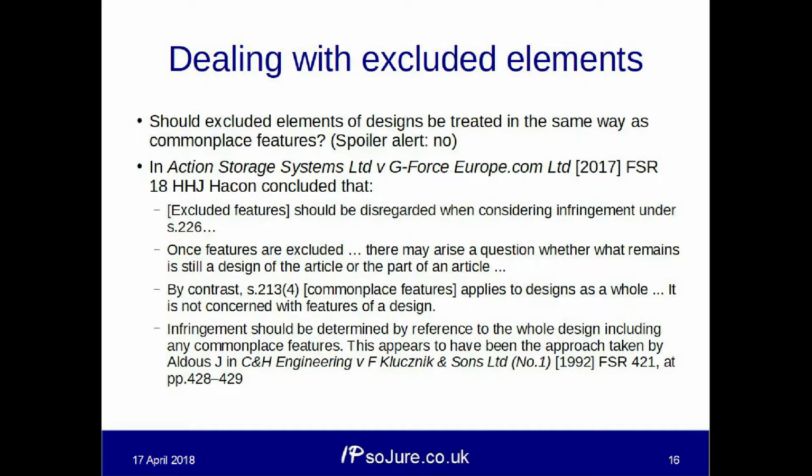With any commonplace elements of the design, commonplace features, you leave them in the design when you're considering what's protected. The question of what's commonplace relates to the design overall, not to individual features. So when you come to judge whether an infringement is taking place, you look at the whole design, including commonplace features. It's only if the design as a whole is commonplace that you've got problems.